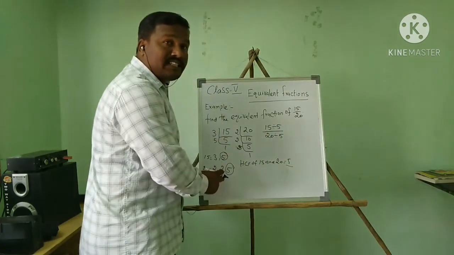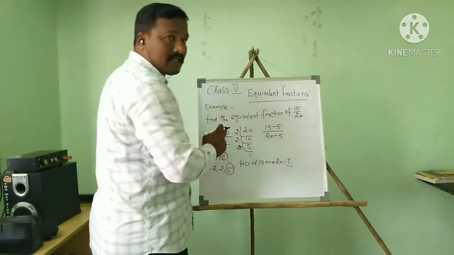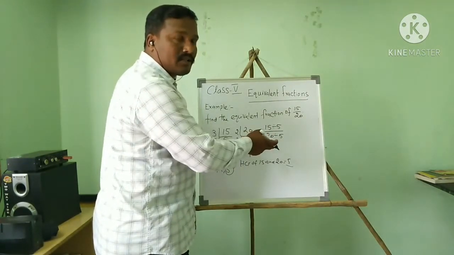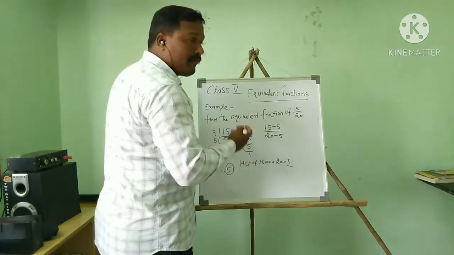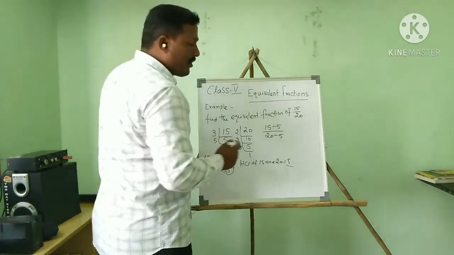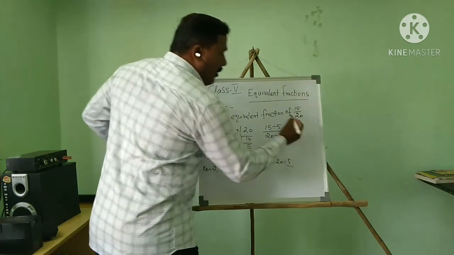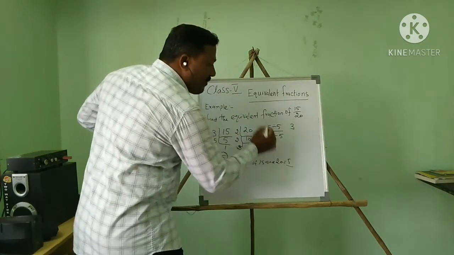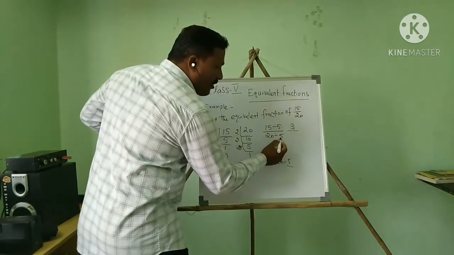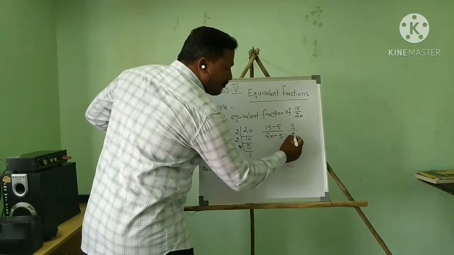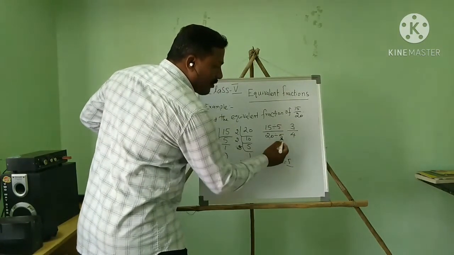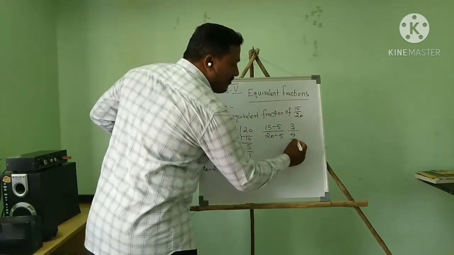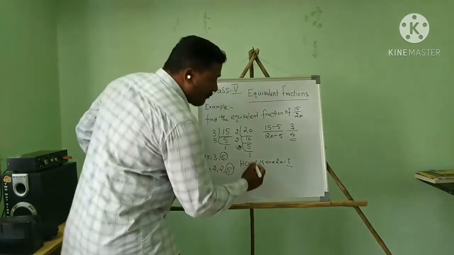First we have to find the HCF of the given fraction, then we have to divide both numerator and denominator by the HCF. So 5 3s are 15, 5 4s are 20.